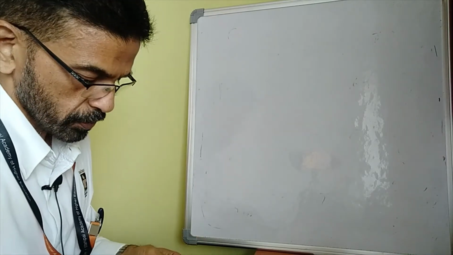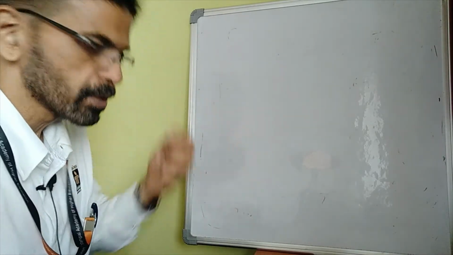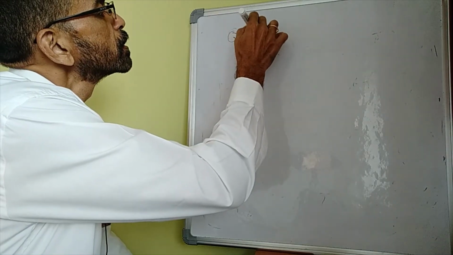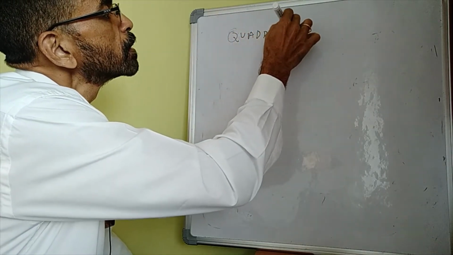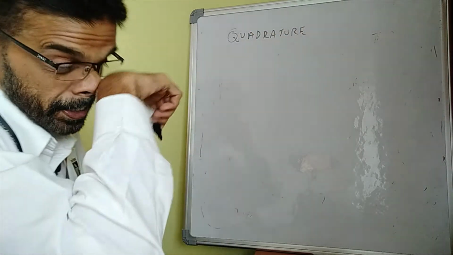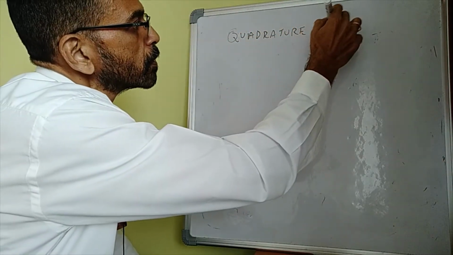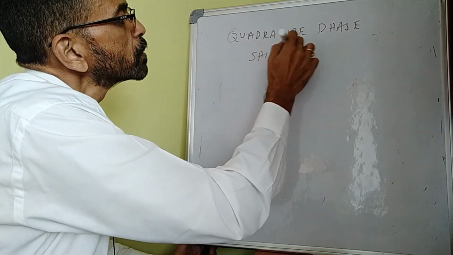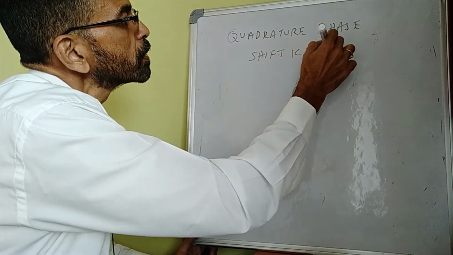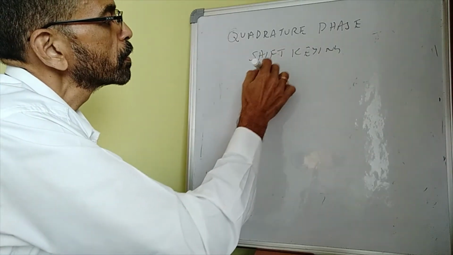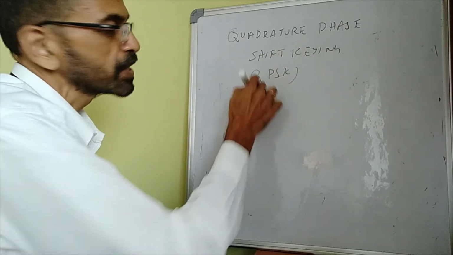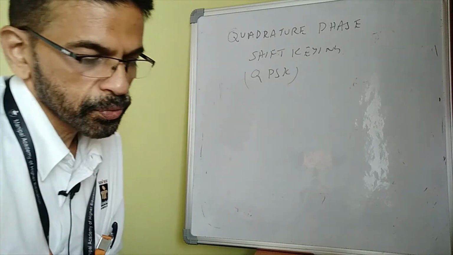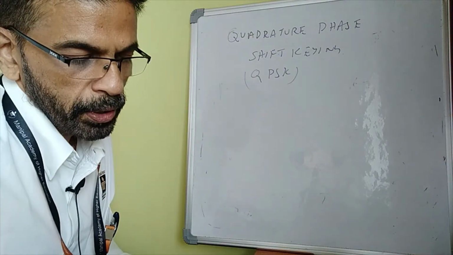So the next multi-level modulation scheme that we discuss is quadrature phase shift keying. And as the name suggests, you can see that there will be 4 symbols here.